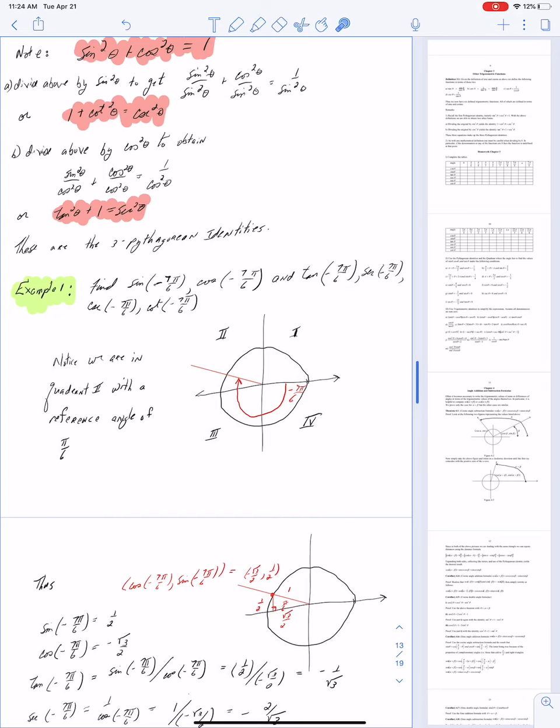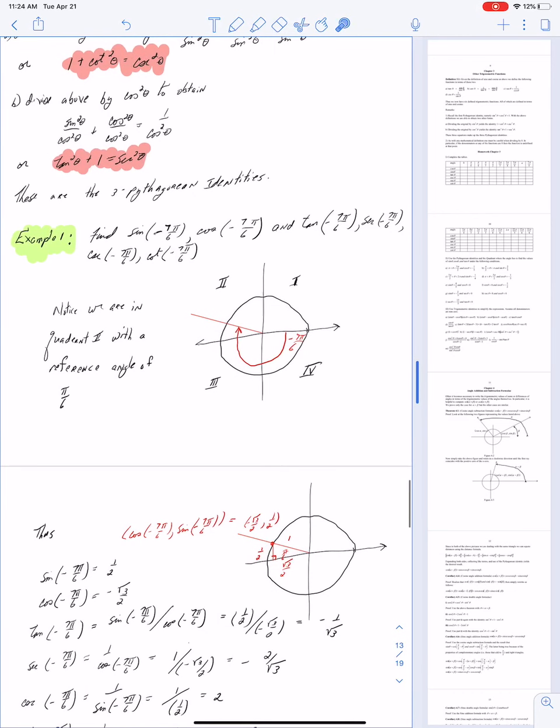Suppose I wanted to figure out the sine of minus 7 pi over 6. At the same time, I could figure out the cosine of minus 7 pi over 6. Once I have those two, I can compute the tangent, the secant, the cosecant, and the cotangent. Let's do that.